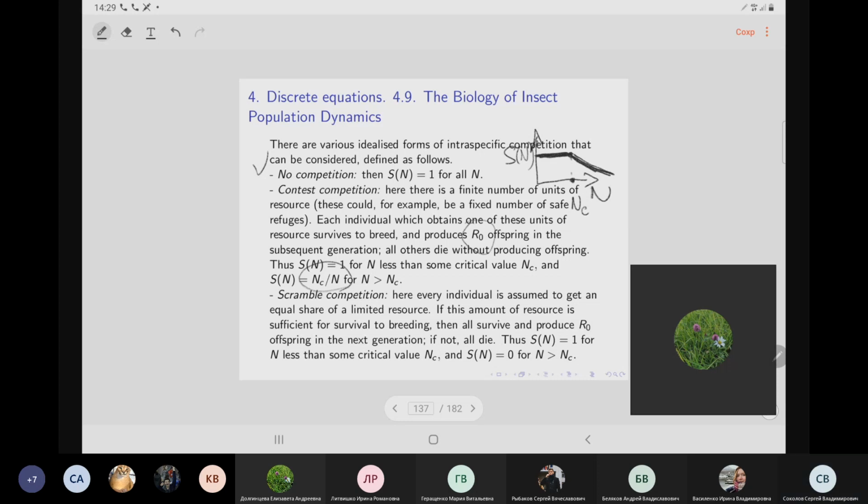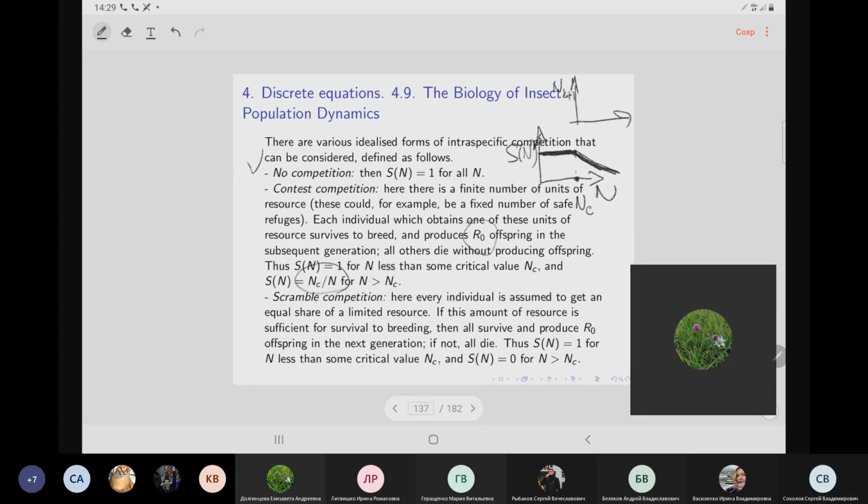So then, if we consider n k plus 1, the function goes this way, versus n k.